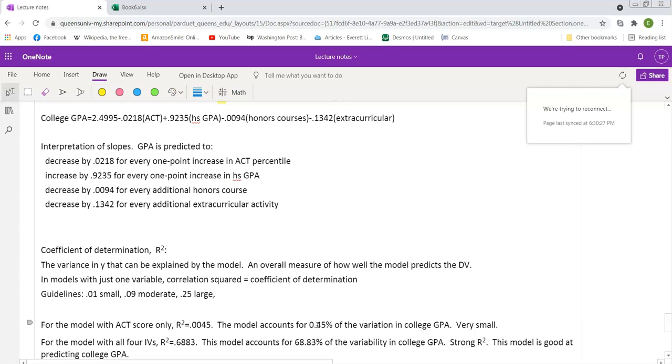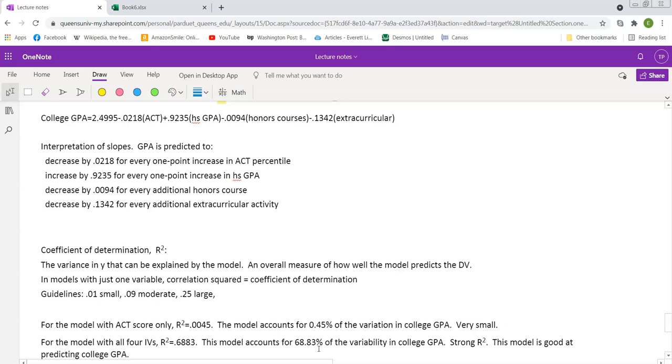In the model where we've got all 4 of them, we've been able to explain almost 70% of what makes people different. Okay, so that's a very strong coefficient of determination, which tells us that we've got a good model for predicting the college GPA.